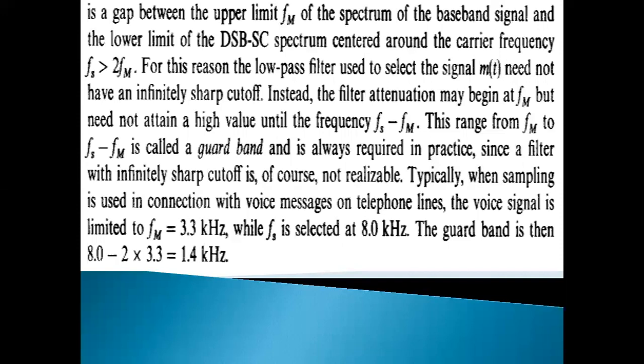The filter attenuation may begin at Fm but need not attain a high value until the frequency Fs minus Fm. This range from Fm to Fs minus Fm is called the guard band and is always required in practice. So in practice, always use only the Fs greater than 2Fm condition.